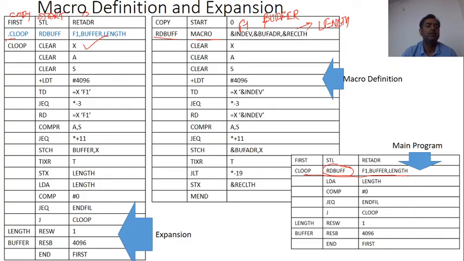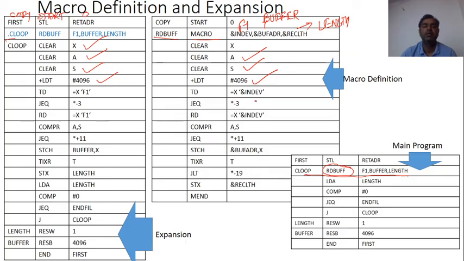You can see here, CLEAR A will be written the same, CLEAR A. CLEAR S will also be written the same, CLEAR S. LDT #4096 will be written the same. TD =X'%INDEV'. What is the value of %INDEV? F1.